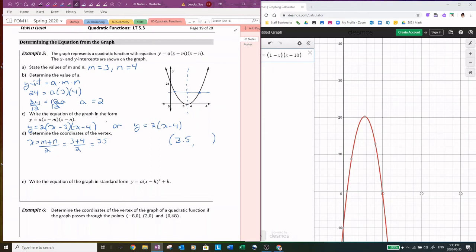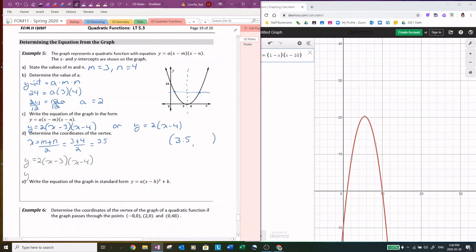Okay, so that means that I can take my equation, which is y equals 2 times (x - 3) times (x - 4), and I replace the x with 3.5.